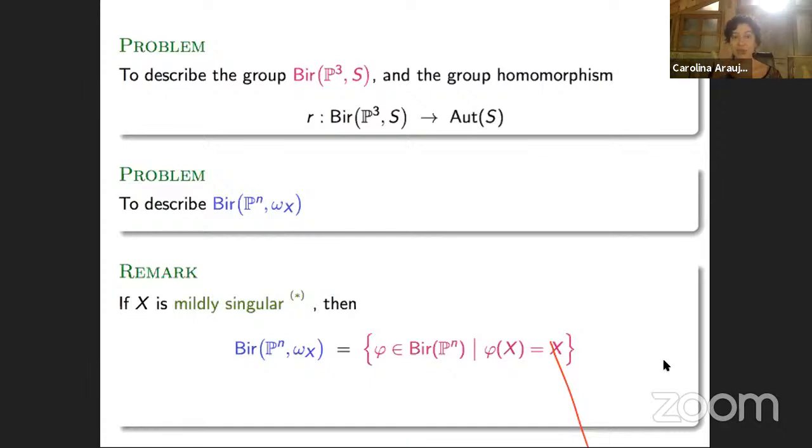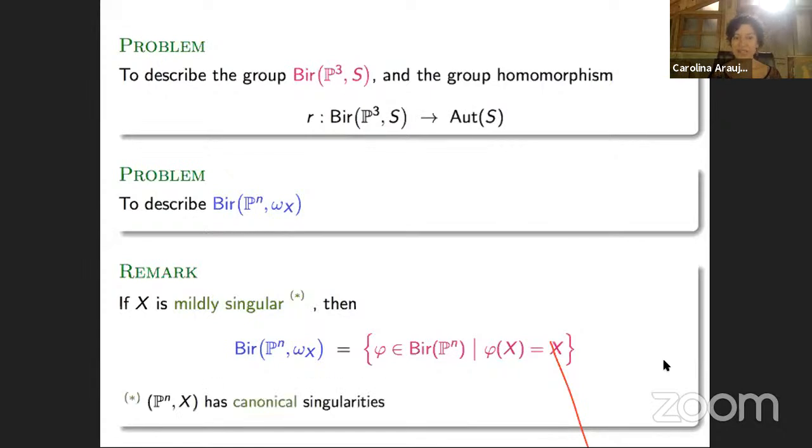And so these are the two different problems that I discussed: understanding the group of Cremona transformations that, say, stabilize a quartic hypersurface, and then describing the group of birational transformations that preserve a volume form.